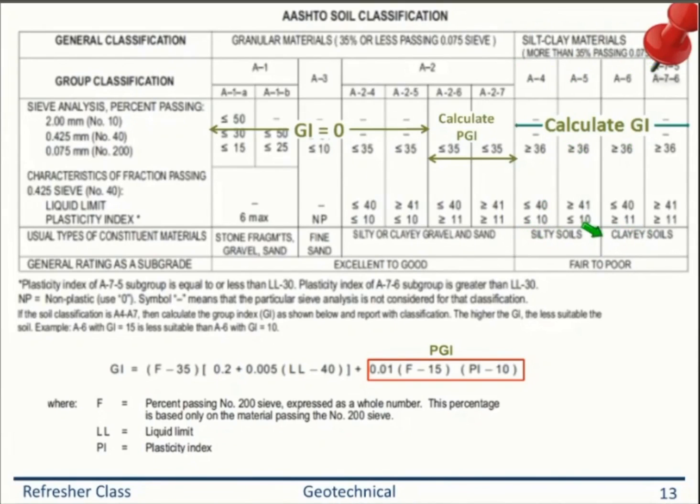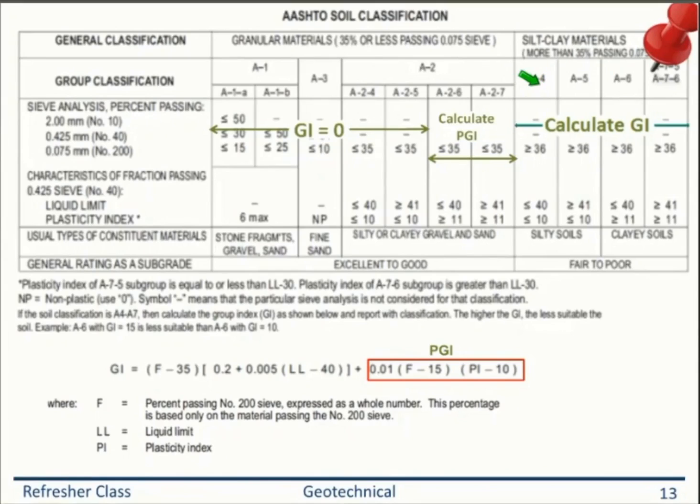One other thing here, as you calculate the group index GI, you will get a value. The smaller the value, the better the soil to be used as a subgrade material. But when you compare the group index GI, it should be compared for the same soil class only. Let's say you have two samples from the site, and you classify both samples as A-4.